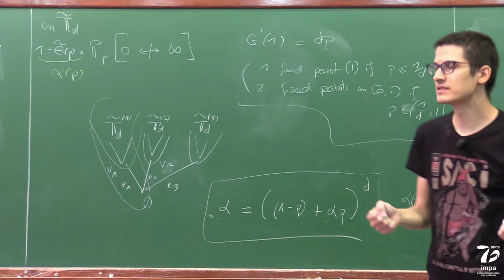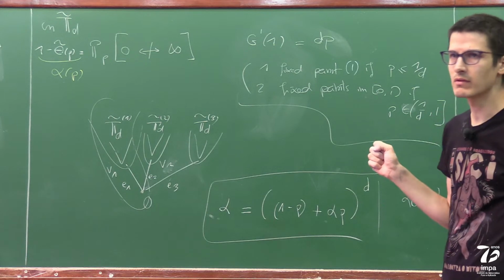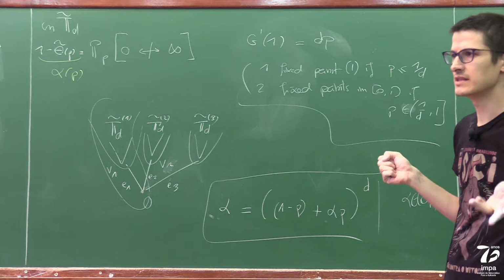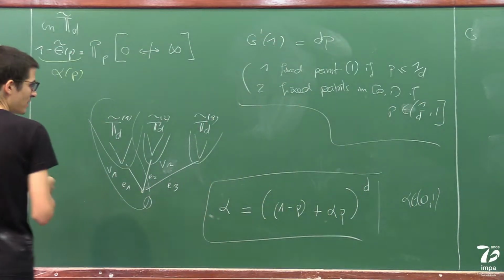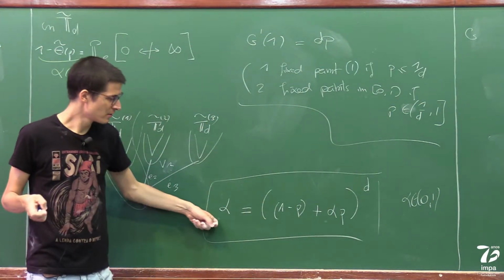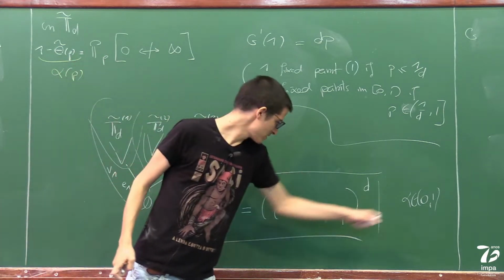On 0, 1 over D, it's trivial, my function is identically 0. And on 1 over D to 1, basically, I have that alpha is the root in 0, 1 of this equation.